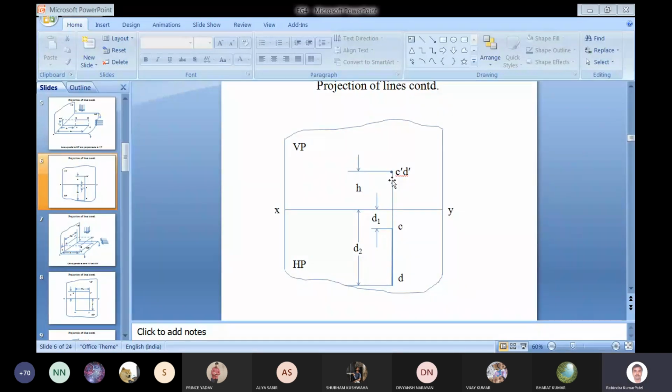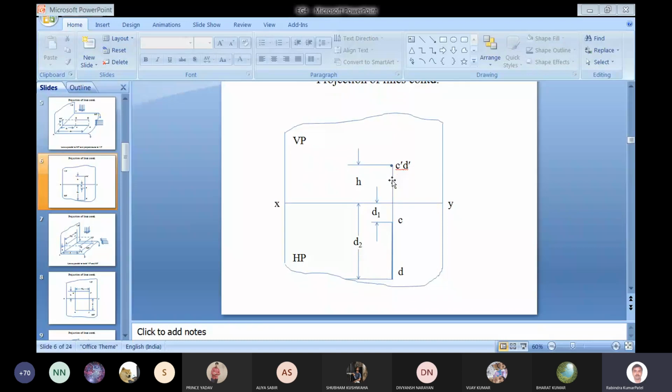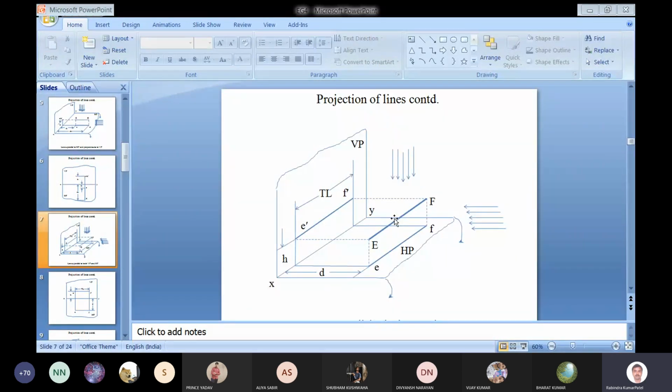After that, we can have a case where the line is parallel to both the planes. In the previous two cases, we had lines which were perpendicular to one of the planes, and here the line is parallel to both the planes.